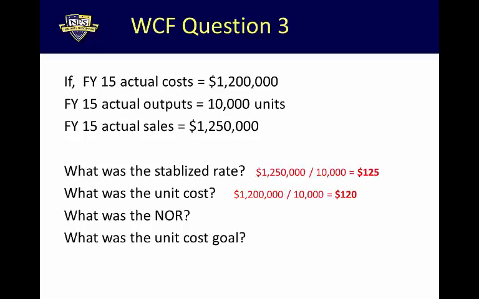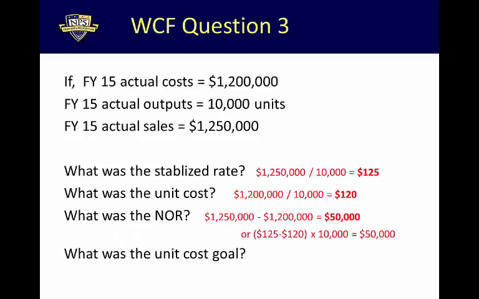What was the NOR? Well, NOR is sales minus cost, or $50,000. You could also get there by realizing that your unit cost was $5 less than your rate. So for every unit you sold, you gained $5.